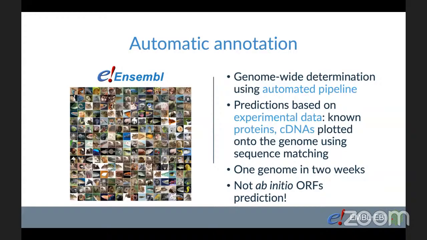So people sometimes assume that our annotation pretty much just screens the genomes looking for open reading frames, but not really. We need real evidence that something is translated or transcribed to make a gene annotation. And it takes about a week or two to annotate a genome using our automatic pipeline.